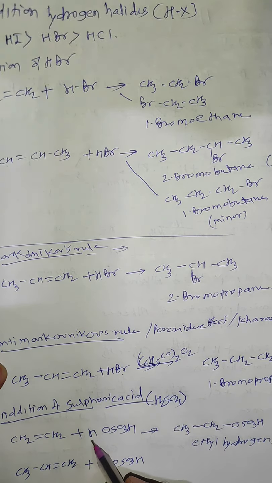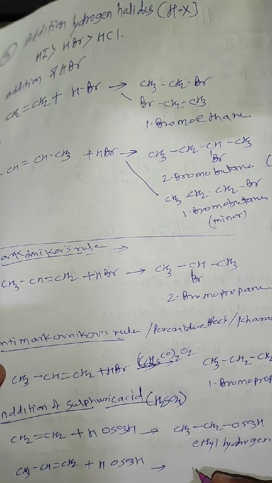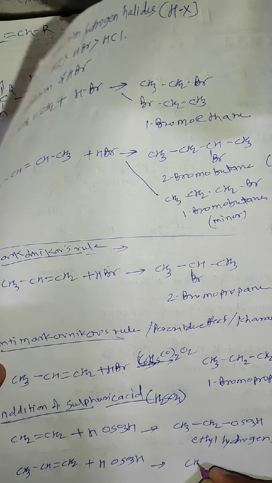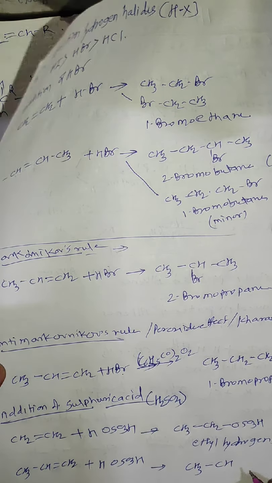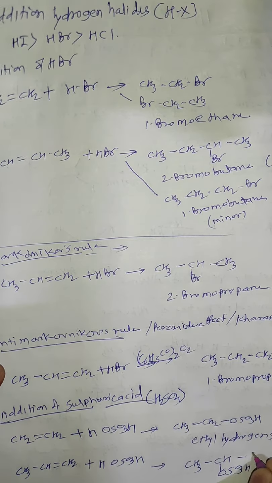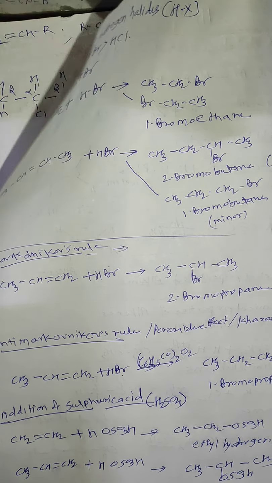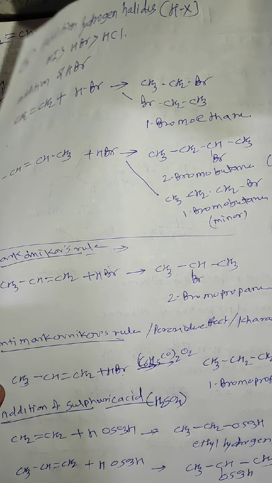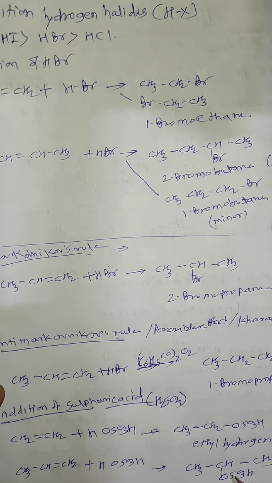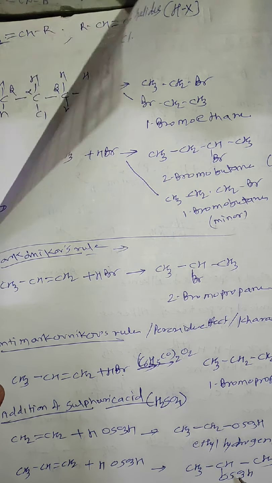It can be written in the form of HOSO3H. They add according to Markovnikov's rule to form CH3 CH OSO3H CH3. And the name of this compound is isopropyl hydrogen sulfate.